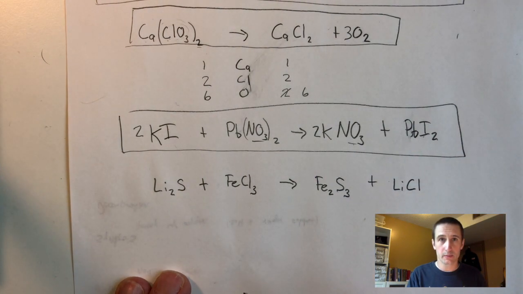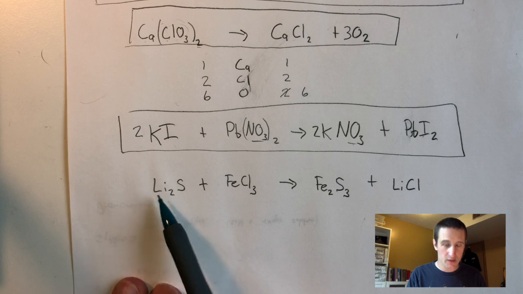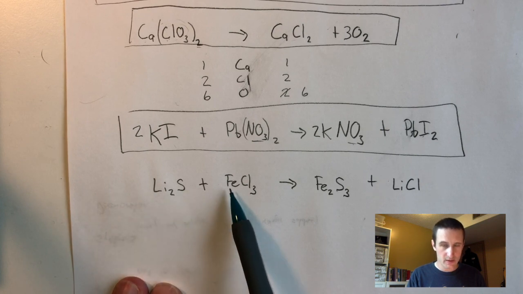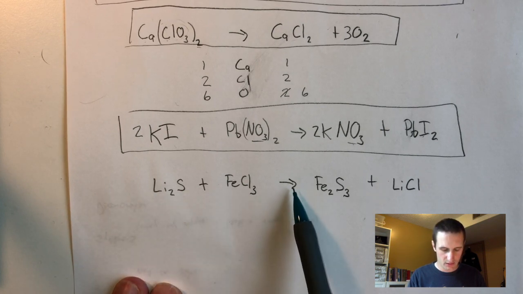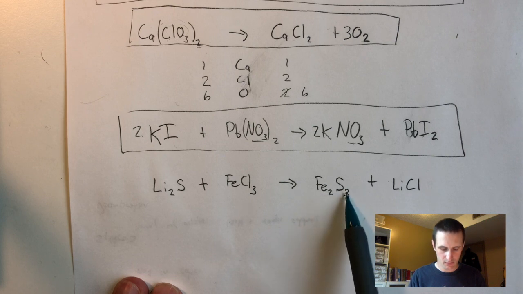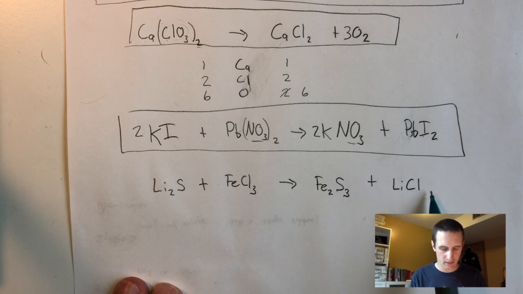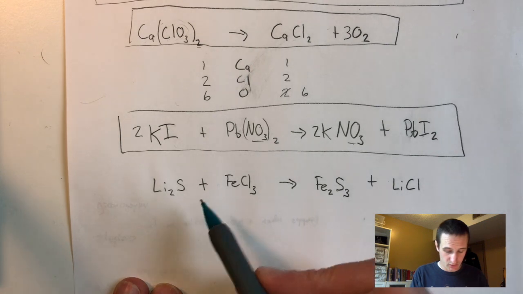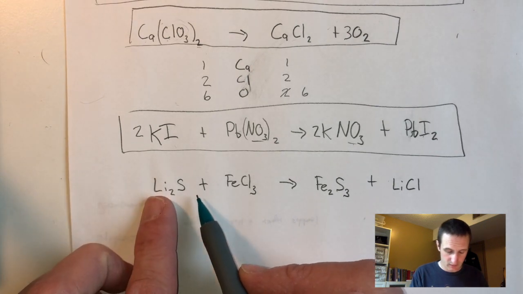So we have Li2S, FeCl3 makes Fe2S3 and LiCl. And so I'm going to go ahead and start with the lithium.